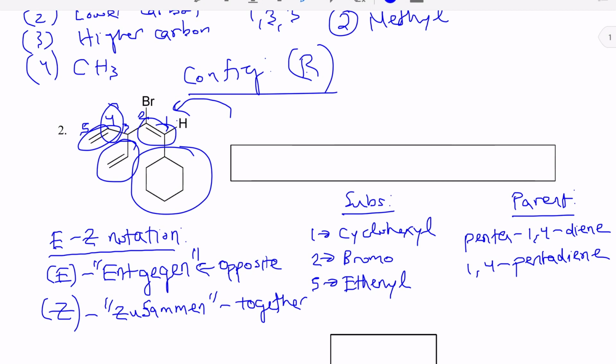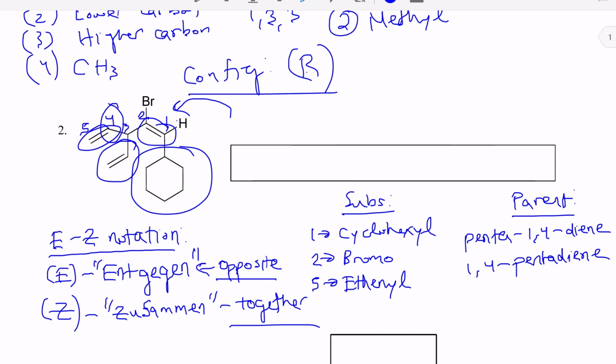What these two configurations mean is that the highest priority substituents on either end of the double bond are either opposite from each other, across the double bond, for E, or on the same side of the double bond for Z. So the first thing we need to do is identify what our highest priority is.